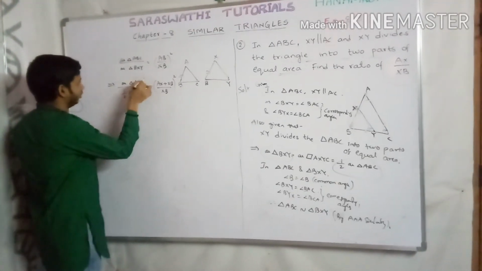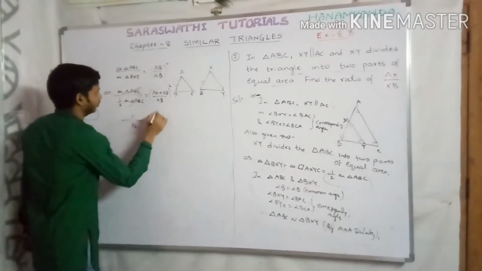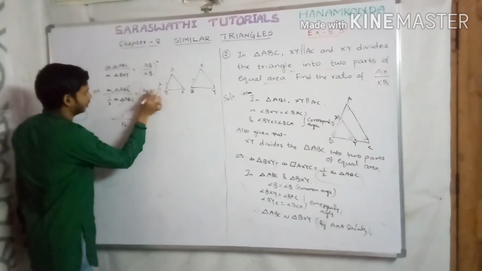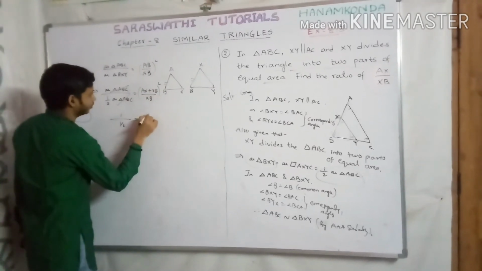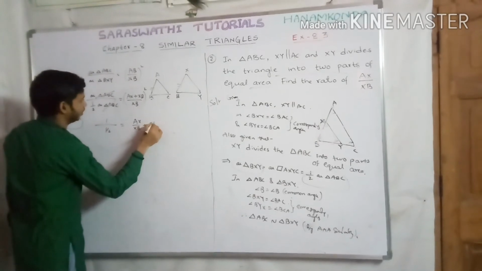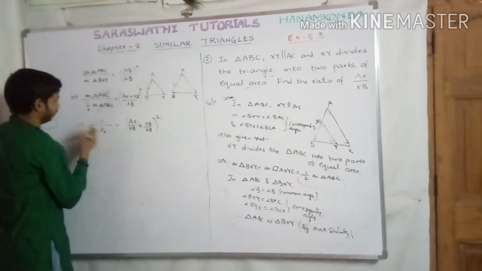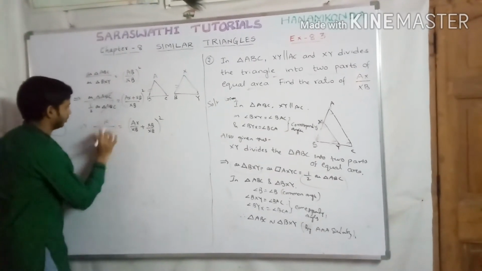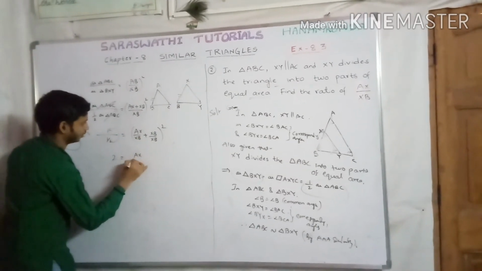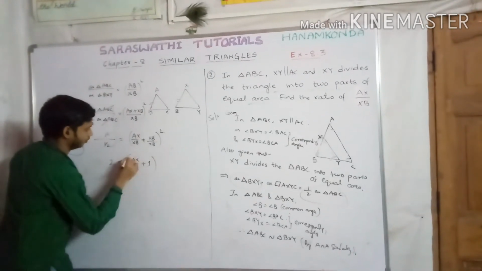The area of triangle ABC cancels. So 1 divided by 1 by 2 equals, splitting the denominator, AX by XB plus XB by XB, whole square. The 2 multiplies the numerator and becomes 2. XB by XB cancels to 1, so it is AX by XB plus 1, whole square.